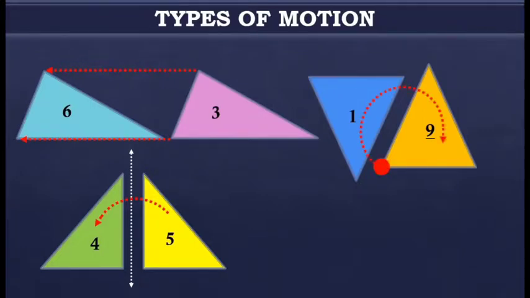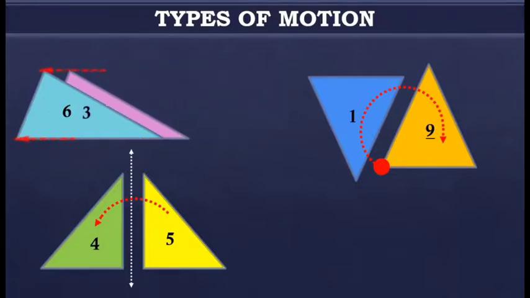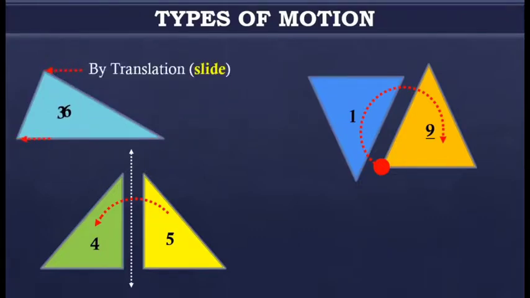So, what are these types of motion for us to determine that the triangles are congruent? This is by translation. This is where we are sliding the figure.